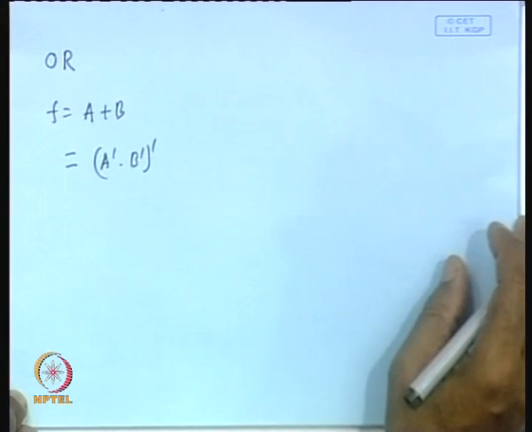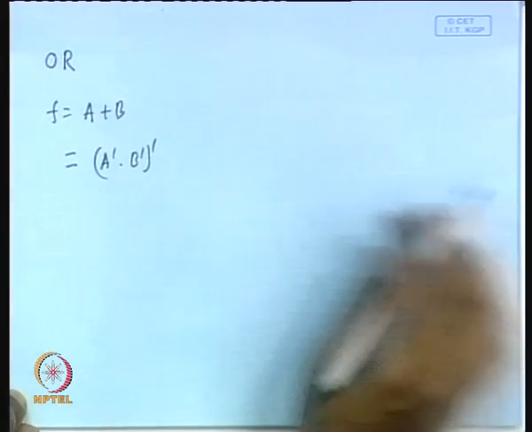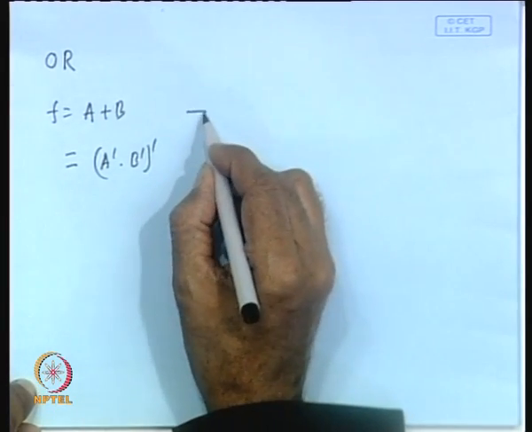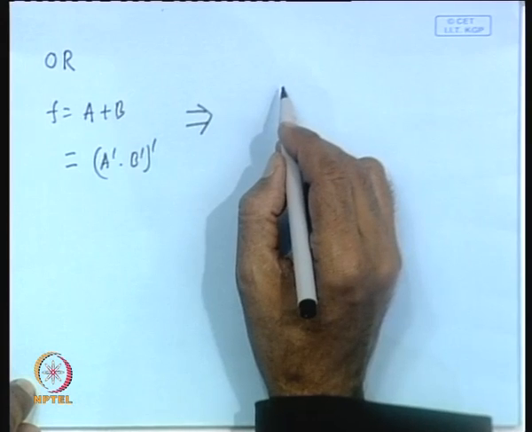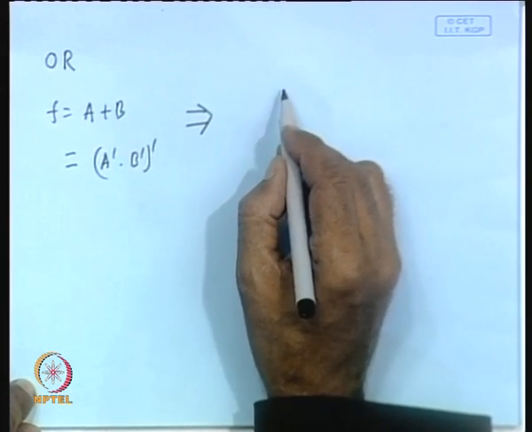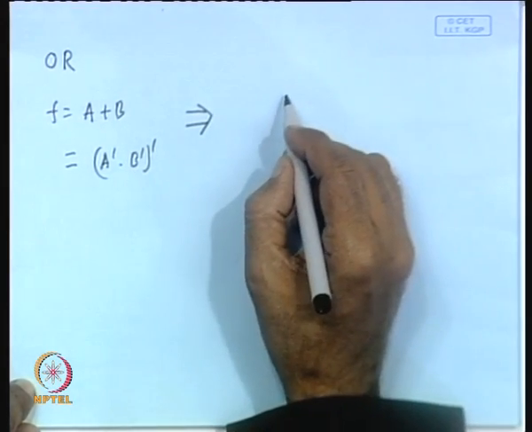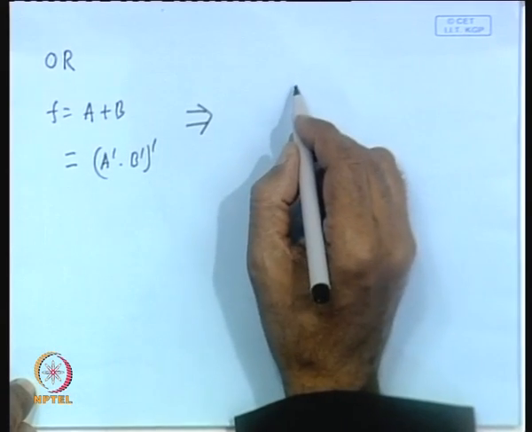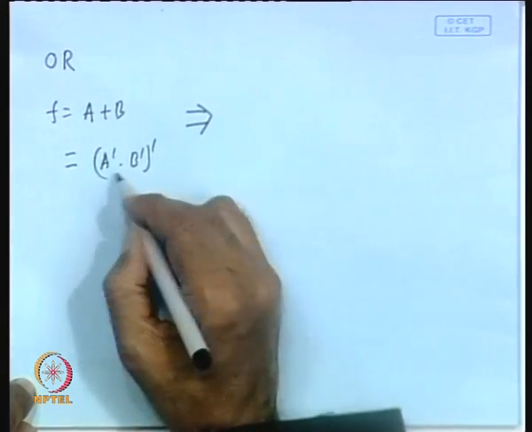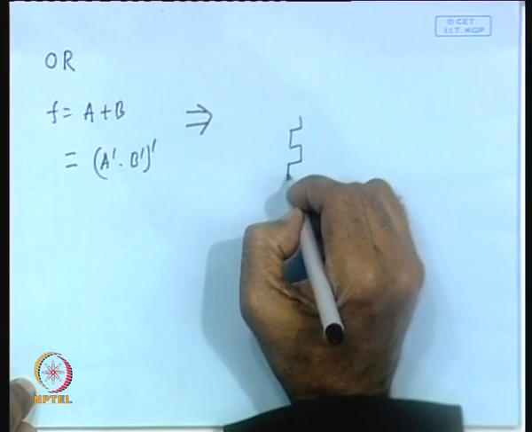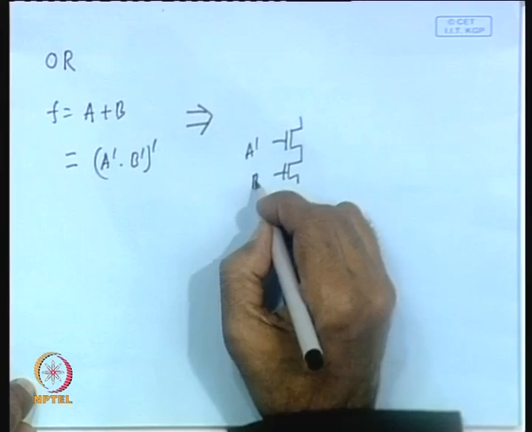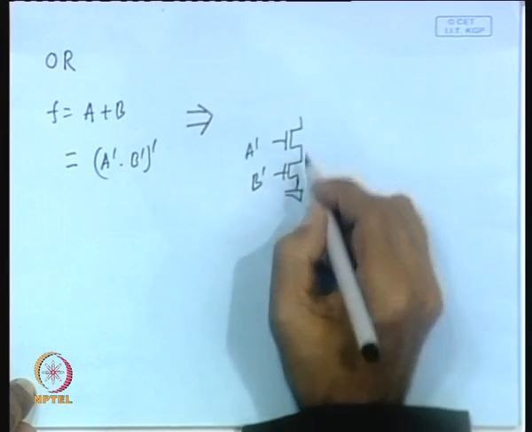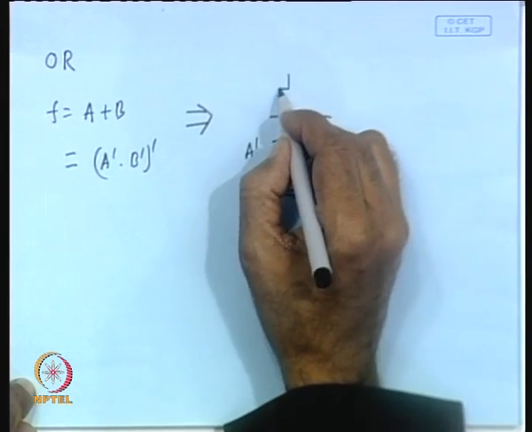So, this is how you can represent it by following De Morgan's law, and the corresponding realization is: you will require an AND gate with inputs a bar and b bar, and then an inverter.